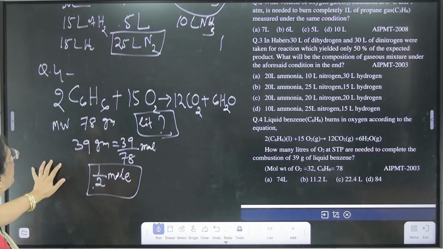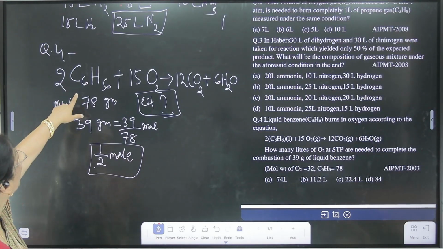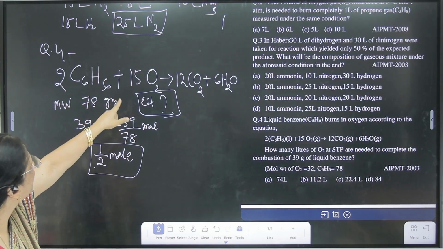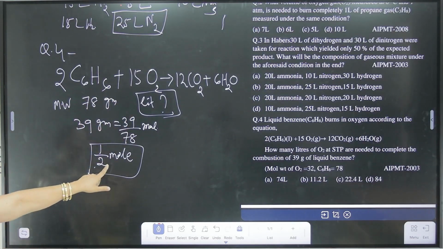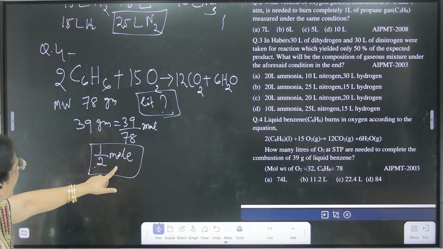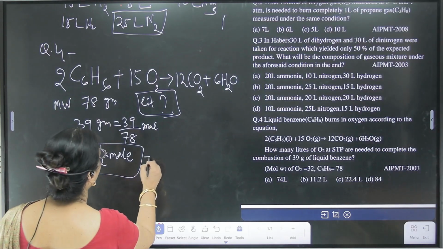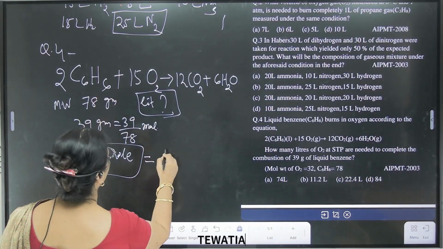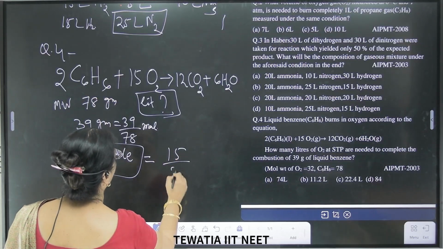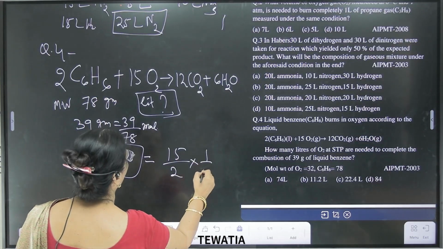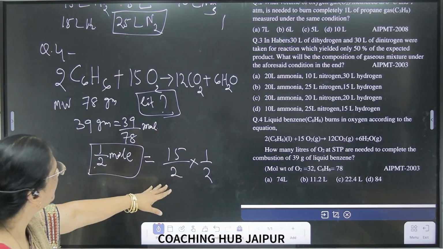Now you see in this equation, 2 mole of benzene is equivalent to 15 mole of oxygen. So you have got half mole of benzene. So half mole of benzene will be equivalent to how much oxygen? So 15 upon 2 into 1 upon 2. This is the mole of oxygen.